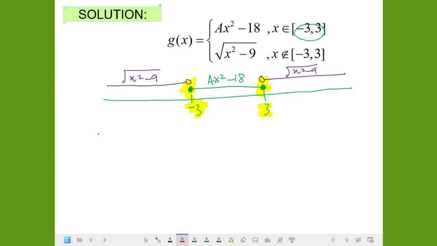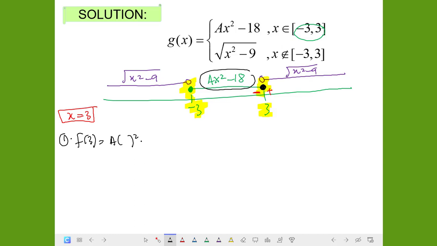Let's say if you want to consider when x is equal to 3, left or right, we're going to find a. So first step, f of 3 lies here. Because of the filled circle, you need to choose this function, a x squared minus 18, substitute 3 to get 9a minus 18.